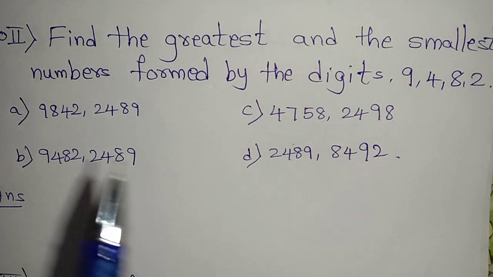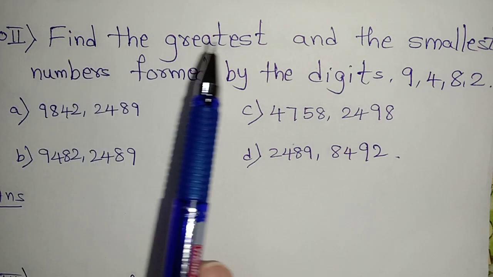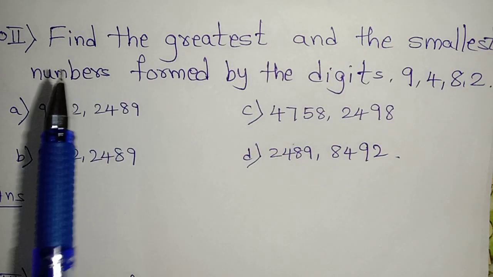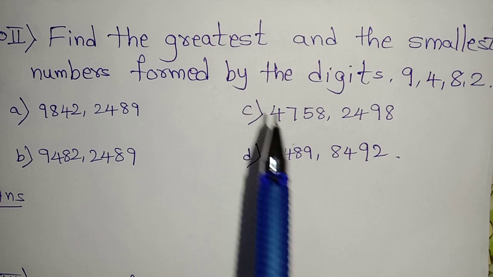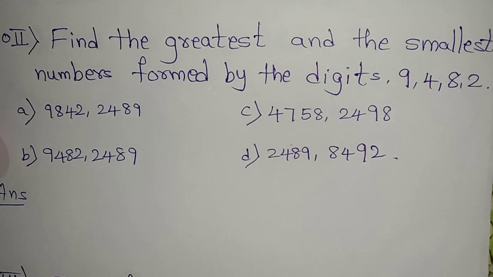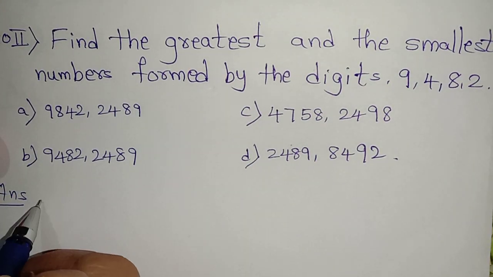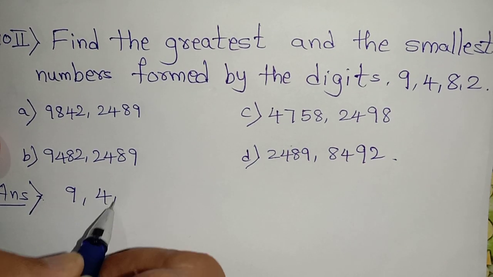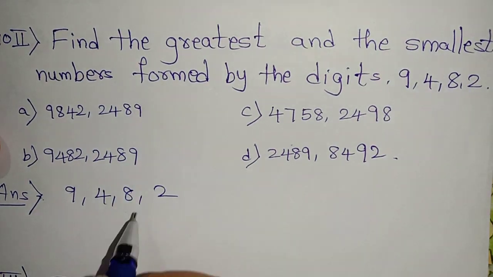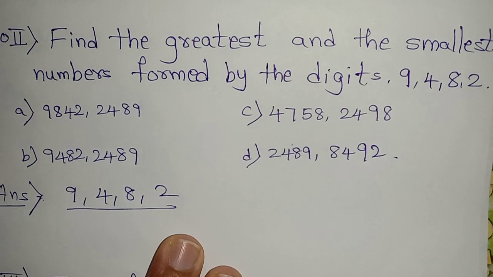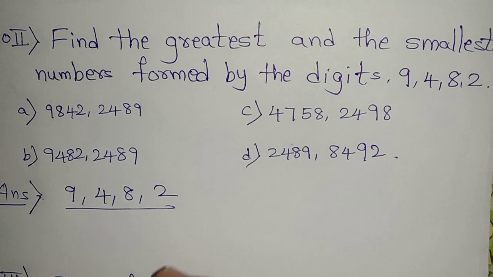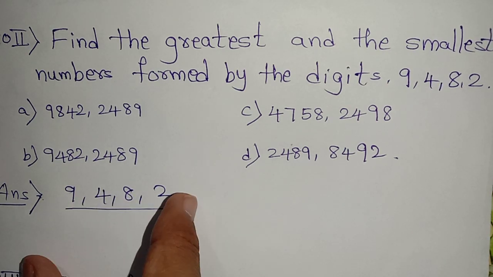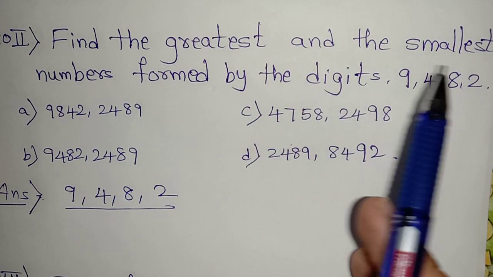We have to find the greatest and smallest numbers formed by these digits. With the help of these digits, we have to form the greatest number as well as the smallest number.